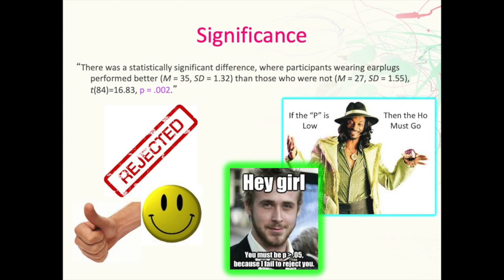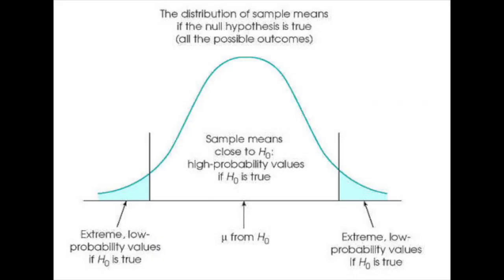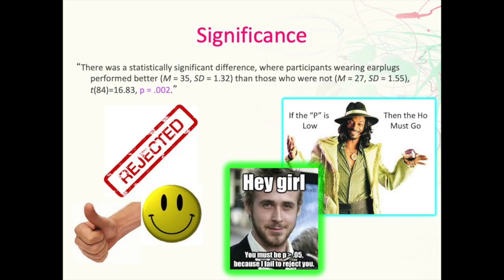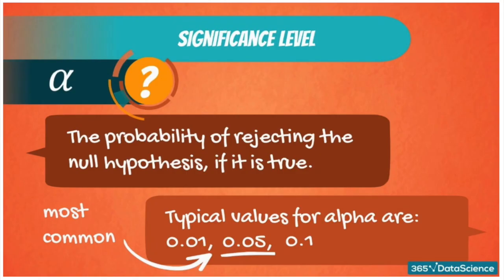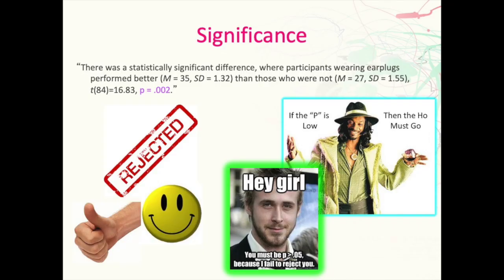So in order to reject HO, then, the statistical test value, the number you get from doing your statistic, must fall within the 0.05 or 0.01 critical areas. And using the previous example, let's say we did reject the null hypothesis, which in turn means that we accepted the alternate hypothesis. Then we must now say how unlikely our null hypothesis is.